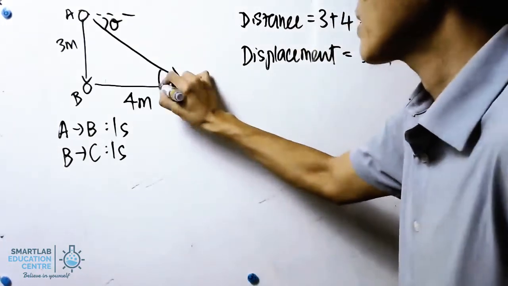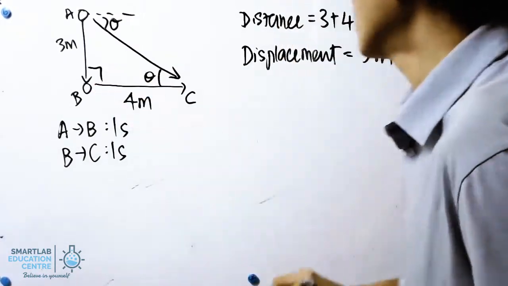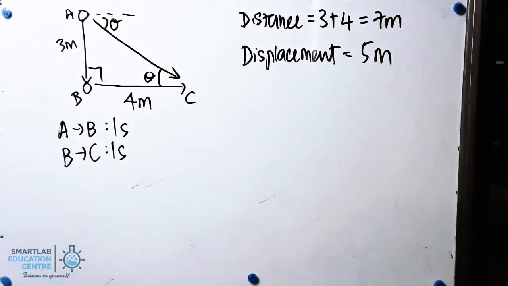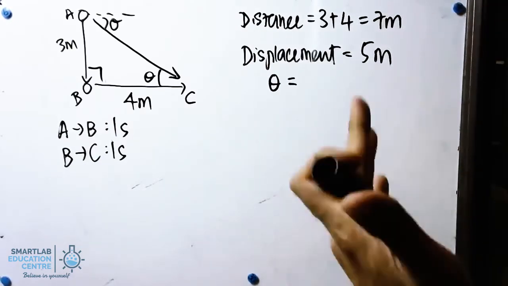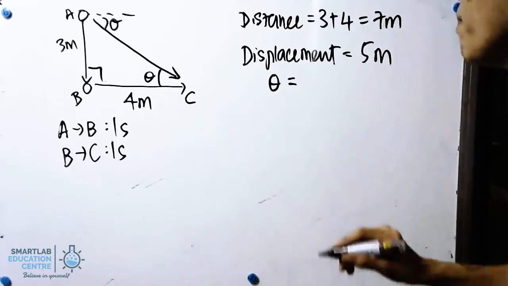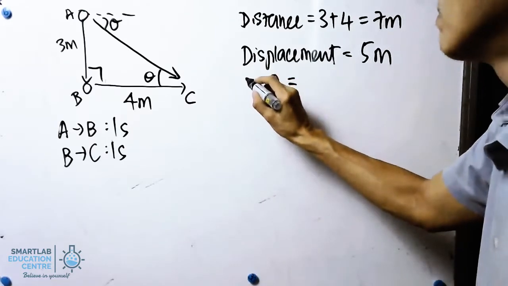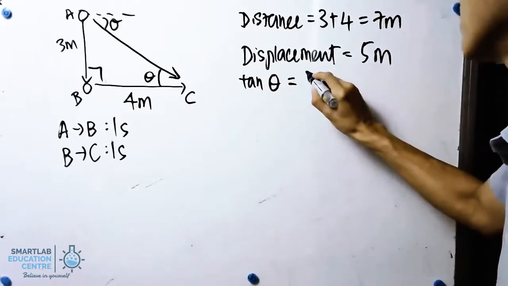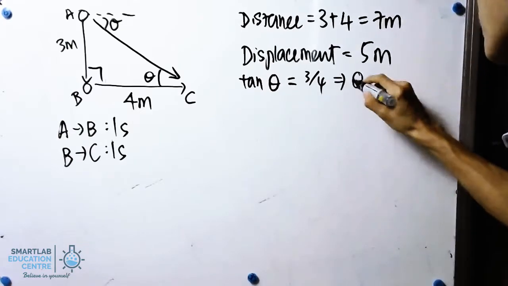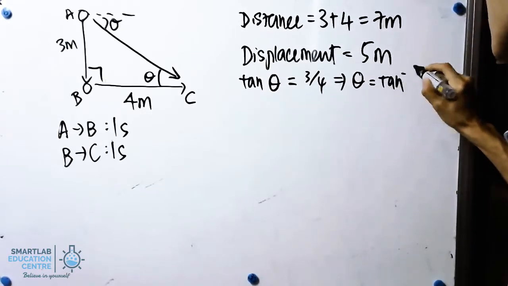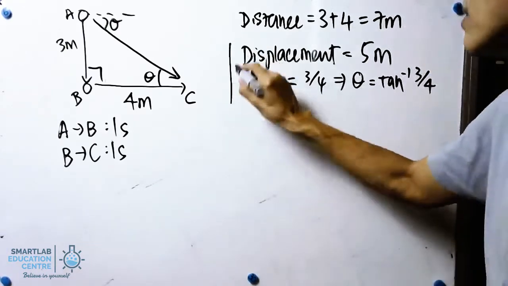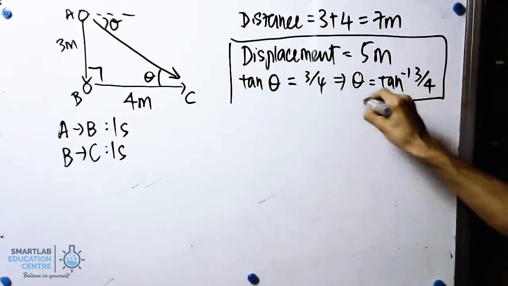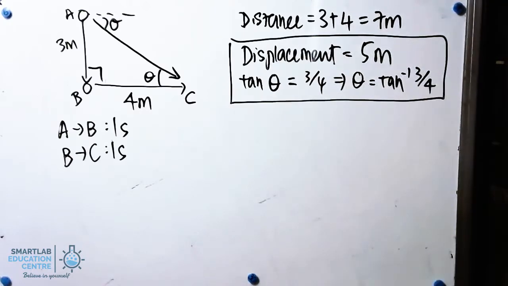Given that theta is here, we could say that displacement is 5 meters, and the direction has an angle theta, where tangent theta is 3/4. So therefore, theta is tangent inverse 3/4. So you can see that the displacement is a vector component. Therefore, there's a magnitude, and we also have a direction.